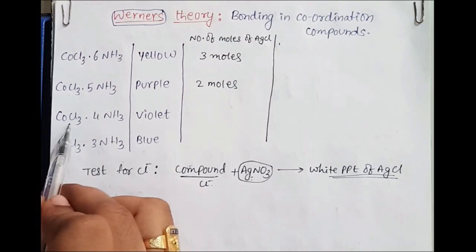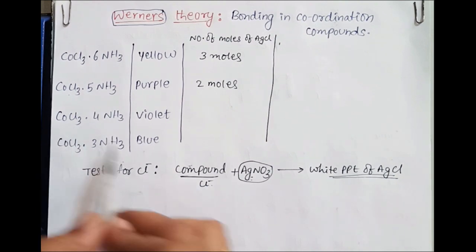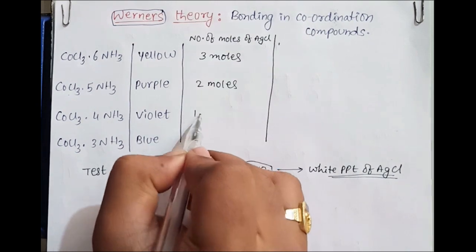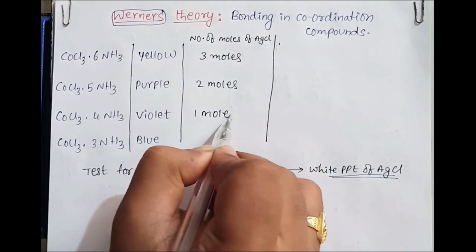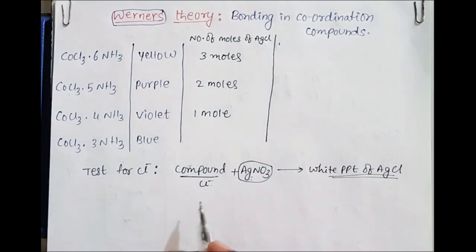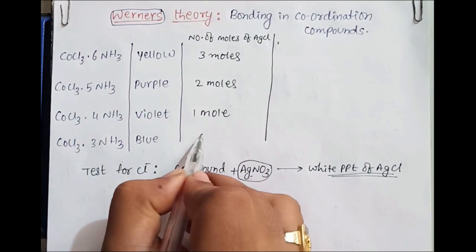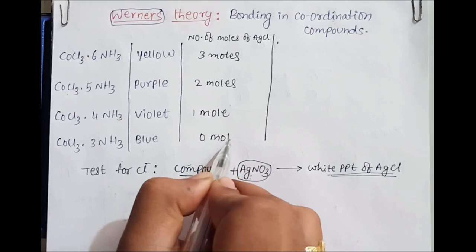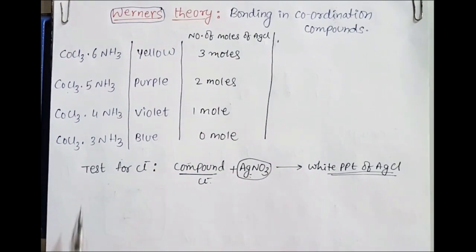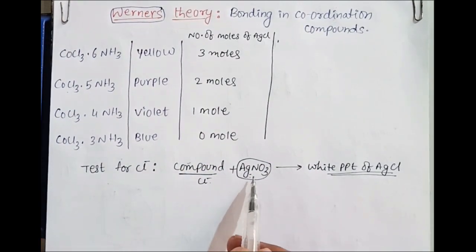In the next, 3 chloride ions are there, but on adding AgNO3 he got only 1 mole of AgCl. Again a surprise. And in the last, there are 3 chloride ions and 0 moles of precipitate. There is no precipitate formed on adding AgNO3. He was surprised why this happened.